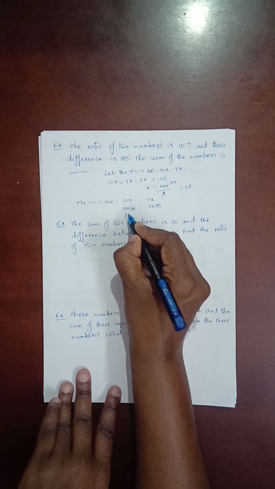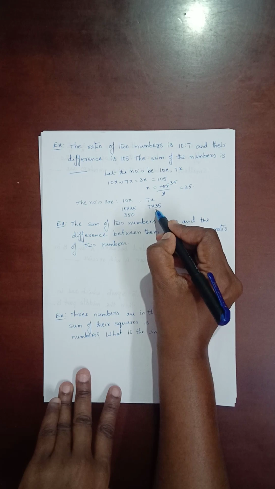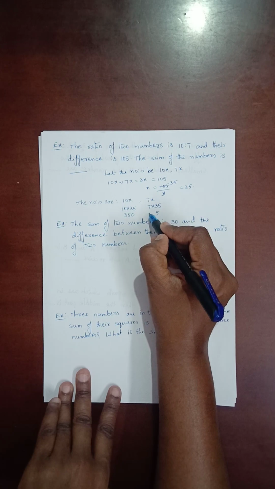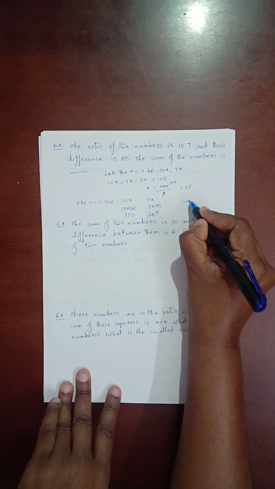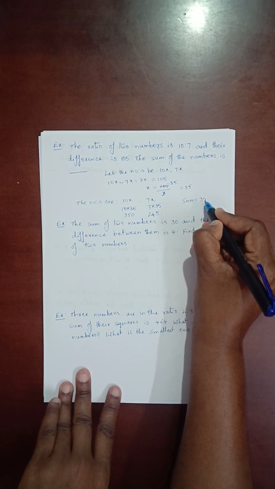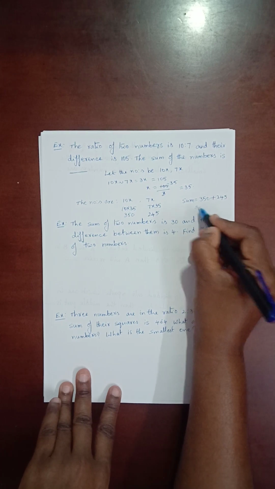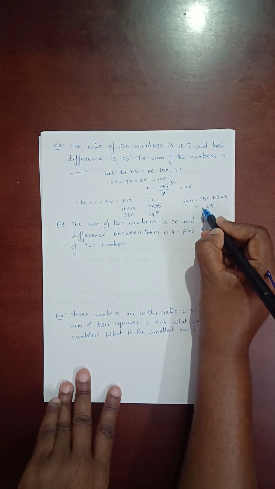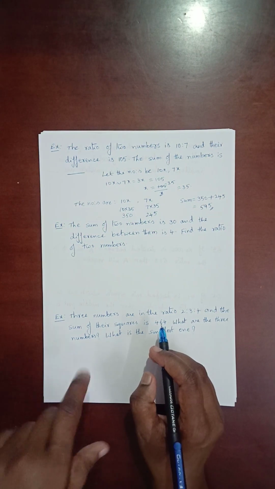This is 350, and 7 5s are 35, 7 3s are 21, 21 plus 3, 245. So the sum equals 350 plus 245 equals 595. This is the answer.